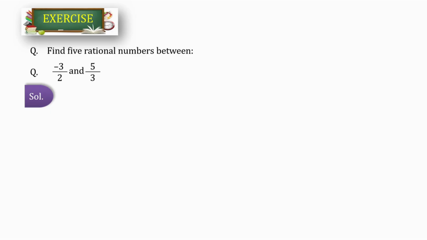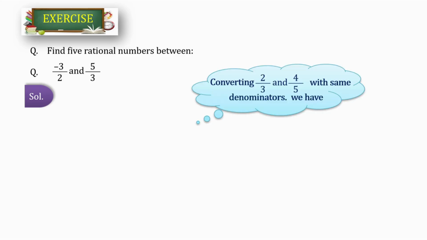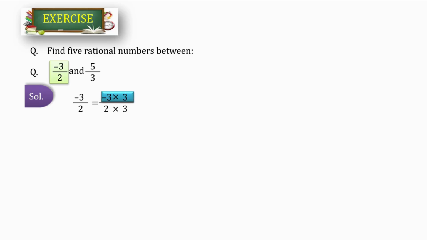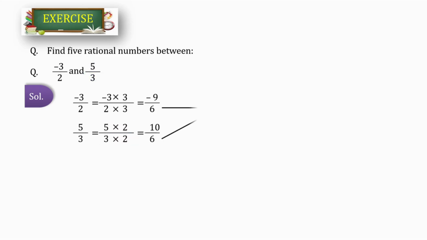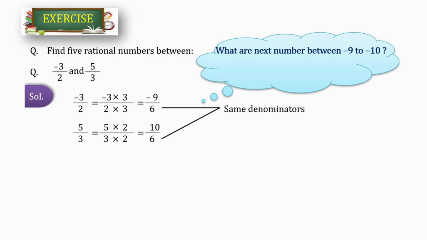Find 5 rational numbers between minus 3 by 2 and 5 by 3. So converting minus 3 by 2 and 5 by 3 with the same denominators, we have now got the same denominators.